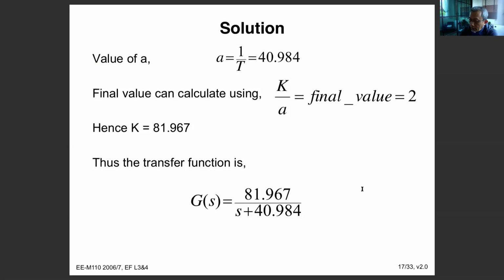Okay, and then the final value or steady state value is equal to K divided by A, which is equal to 2. So that's why you get K equal to 81.967.